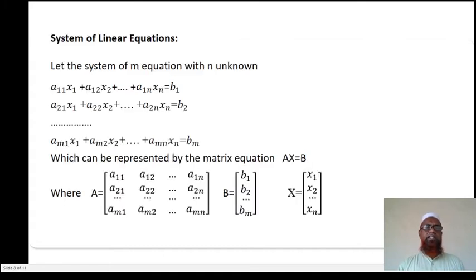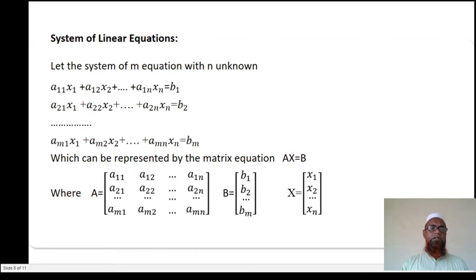So, system of linear equations. Let the general system of linear equations be represented by m equations with n unknowns: a11 x1 plus a12 x2 plus dash dash plus a1n xn equal to b1, a21 x1 plus a22 x2 plus dash dash plus a2n xn equal to b2, like this up to am1 x1 plus am2 x2 plus dash dash plus amn xn equal to bm.